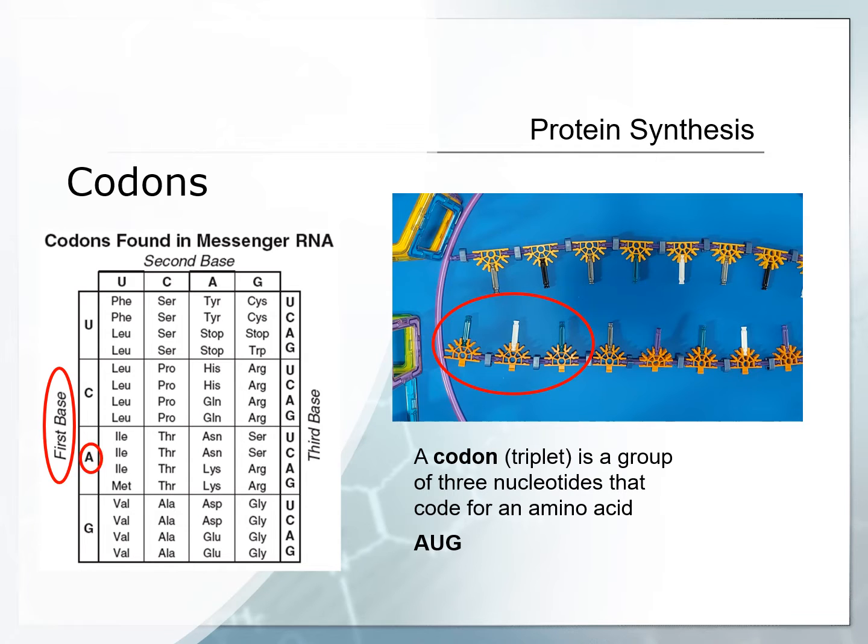Locate the A, which means that our amino acid will be somewhere in this section. Now locate the second base. Since U is our second letter in the triplet, we have narrowed down the search for our amino acid to this section. Now for the third base in our codon. The letter G means that we know our amino acid is MET.